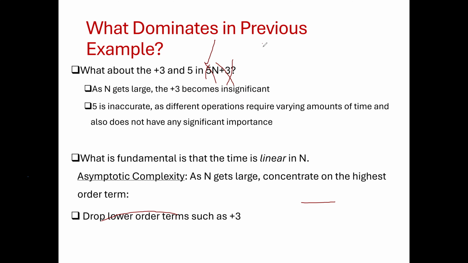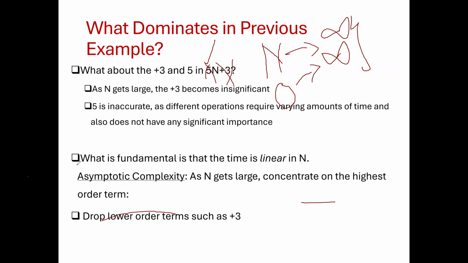What matters most is that when n, the input size, is moving towards infinity, the number of operations will be growing in linear proportion to n, right? And it will also be moving towards infinity. So we are saying here that 5n plus 3 will grow in linear proportion to n.